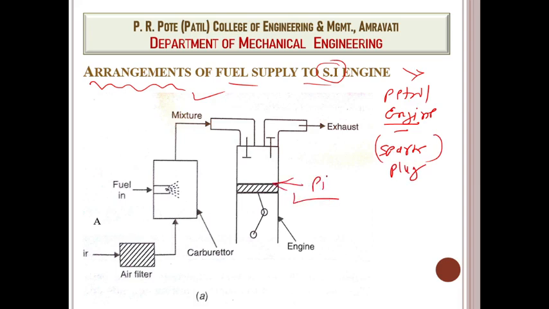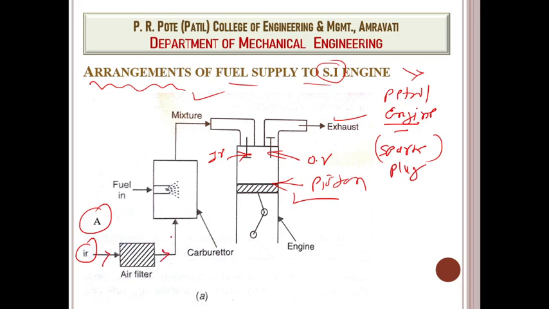This is our piston, there is a connecting rod, this is the inlet valve, and this is the outlet valve where the exhaust gas comes out. This is the air. We know that in the suction stroke the fuel is entered, then compression, then power stroke, and exhaust.